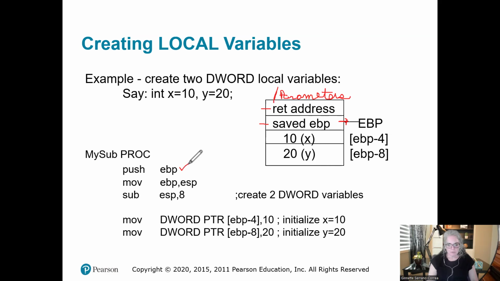Here they pushed EBP, moved ESP to EBP, and subtracted 8 from ESP. That means they've made room for these two double word variables. Then they moved the 10 onto the stack, then they moved the 20 onto the stack.